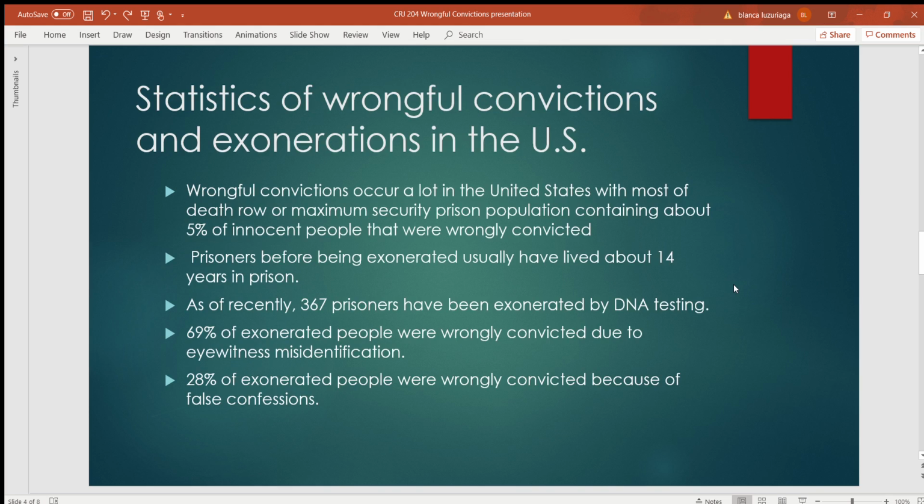Statistics of wrongful convictions and exoneration in the United States. About 5% of the death row or maximum security prison population contains about 5% of innocent people that were wrongfully convicted.